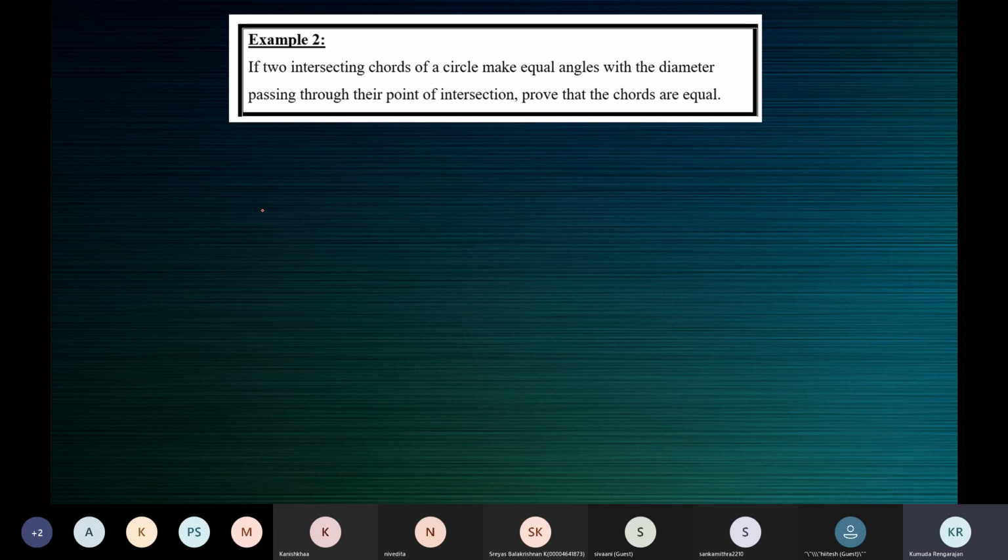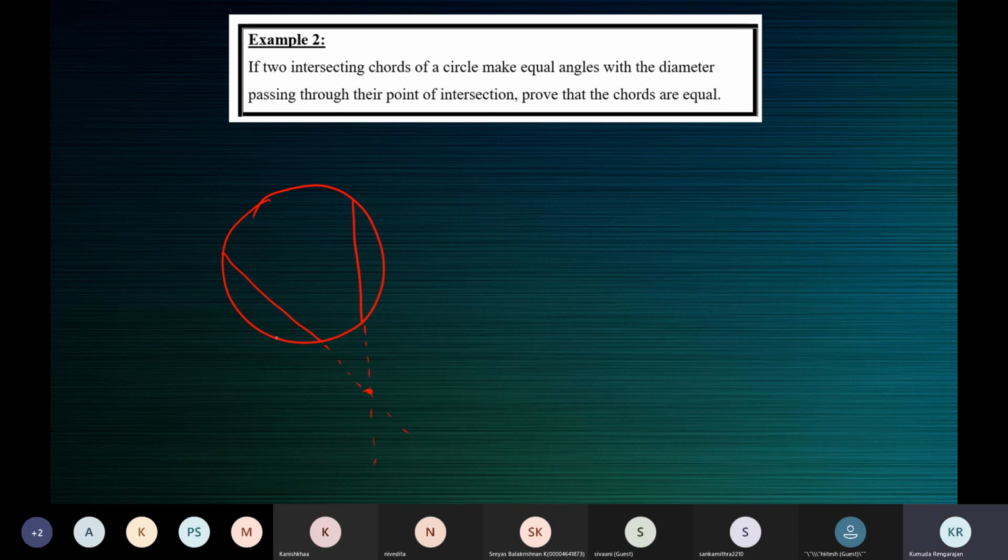What I mean to say is, when you have two chords like this, these two chords don't meet inside the circle, but when you produce them, they'll meet outside the circle. We are not talking about this case.